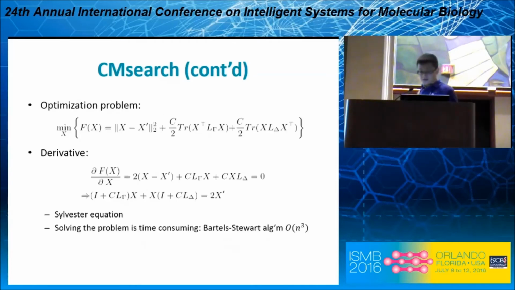So finally, my objective function is a linear weighted combination of the three loss terms. And of course, I want to minimize this objective function. And to minimize that, you just take the derivative with respect to X. And you can easily show that this is a Sylvester equation, which gives you a unique solution. However, solving this equation exactly is very time-consuming.